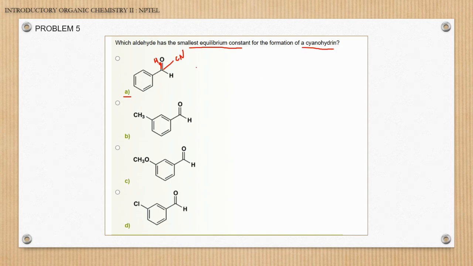So here, first of all, the attack is taking place by the nucleophile, right? That is the cyanide. So the nucleophile has to attack on this carbonyl carbon. So now tell me, in which carbonyl carbon is the nucleophilic attack facile?